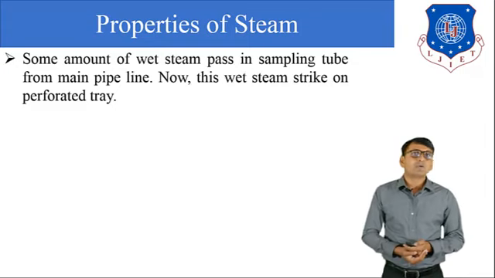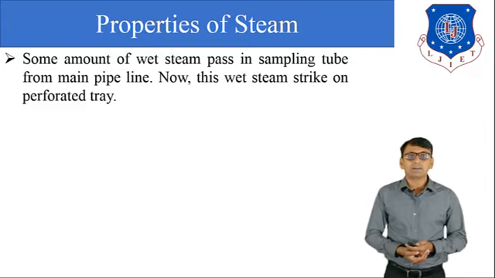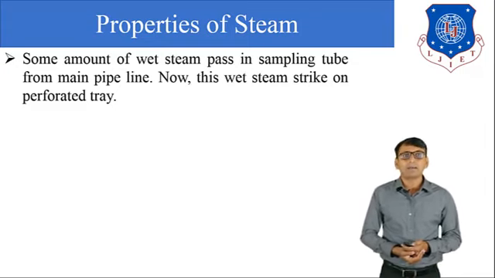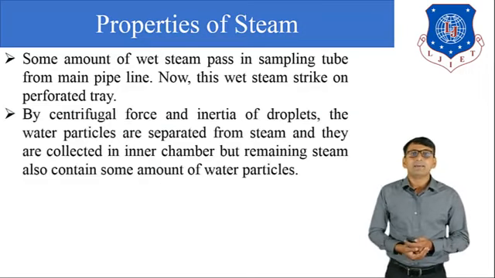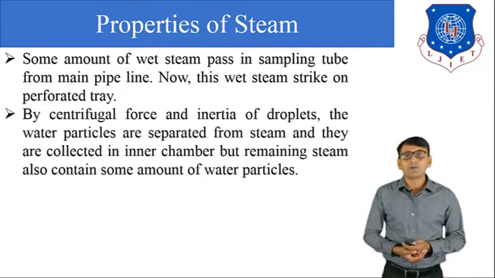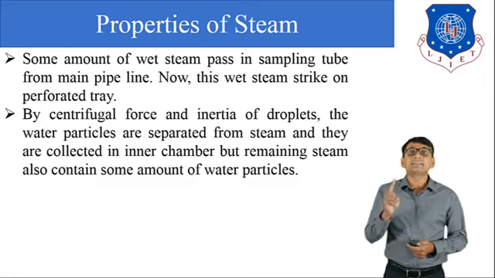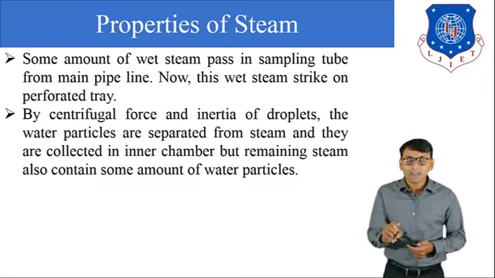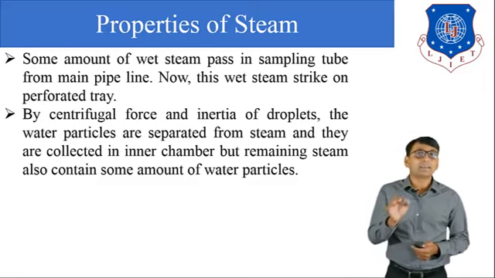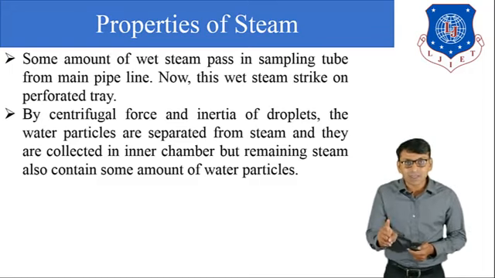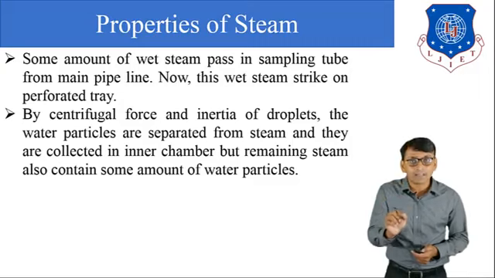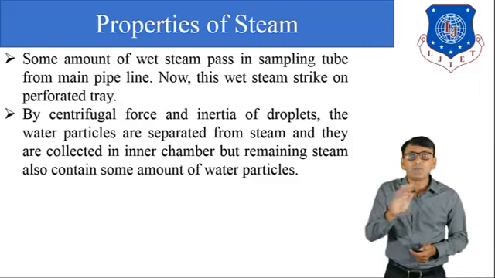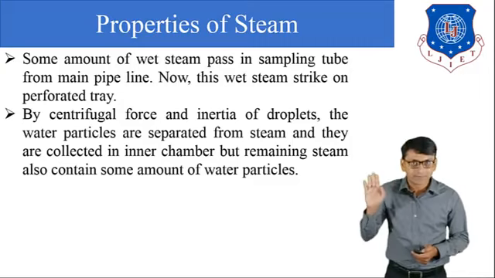Some amount of wet steam passes into the sampling tube from the main pipeline. This wet steam strikes the perforated tray, and due to centrifugal force and inertia of the droplets, the water particles are separated from the wet steam and collected in the inner chamber, but the remaining steam also contains some water particles. 100% of the water particles are not separated.